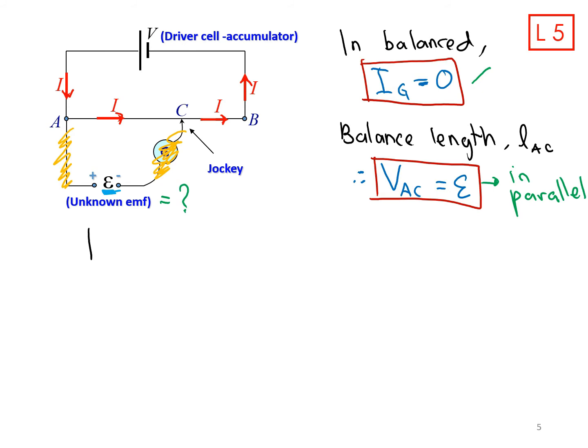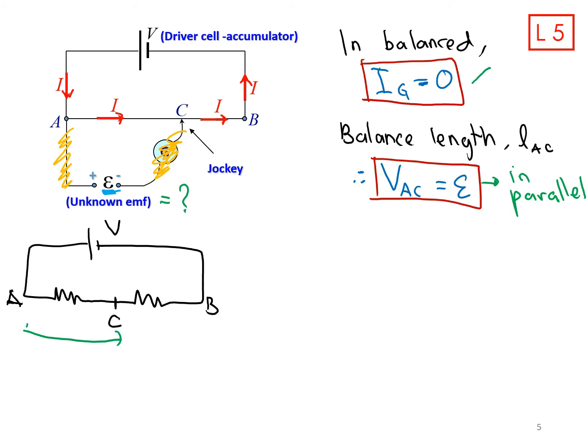I will draw the upper loop, like this. So this is our driver cell, point A, point B, because wire AB, and this is our point C, the balance point. I will label the length. A to C is our balance length, LAC, and A to B is the whole length, LAB.